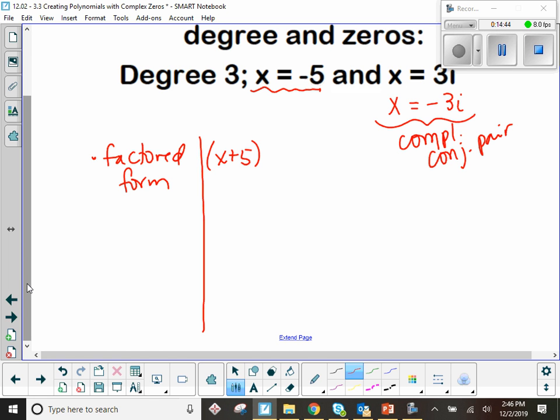And then what factor do I get from x equals 3i? x minus 3i. And what factor do I get from negative 3i? x plus 3i. That's right. You're just taking the opposite sign.